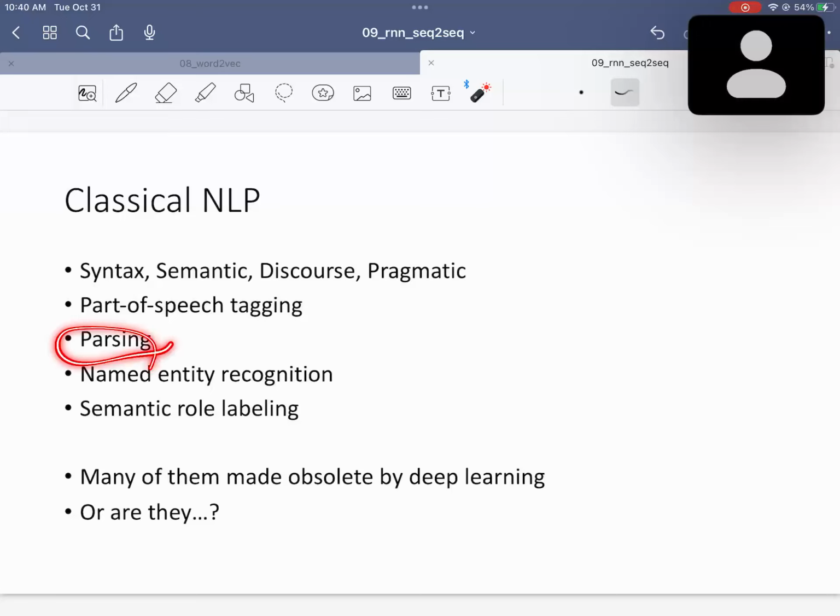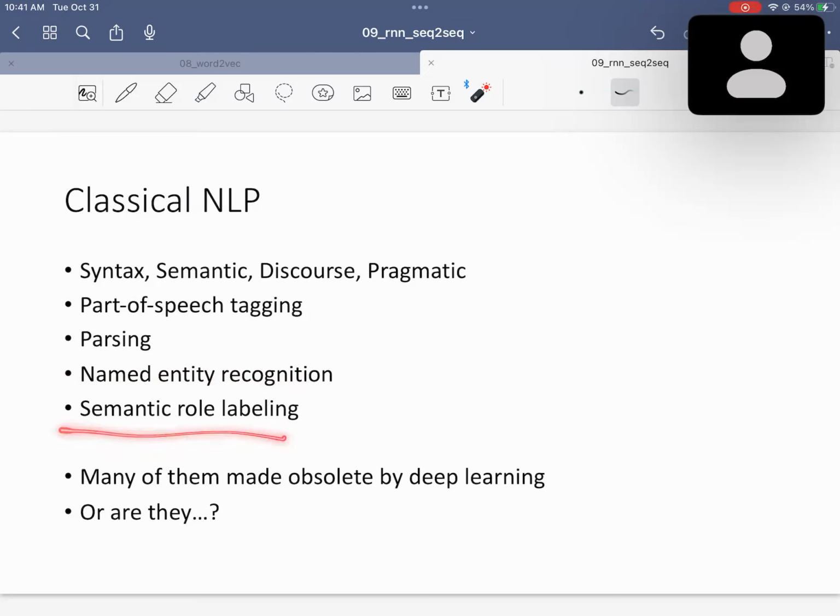Then parsing is like extracting the structure of the sentence. And named entity recognition: what are the named entities in this given sentence? It's trying to find a person's name, a product name, company name, a geopolitical location, money, currency, or numbers, that kind of stuff.